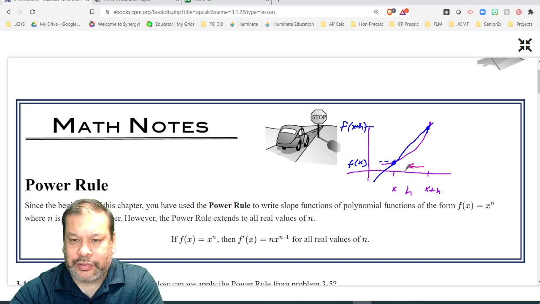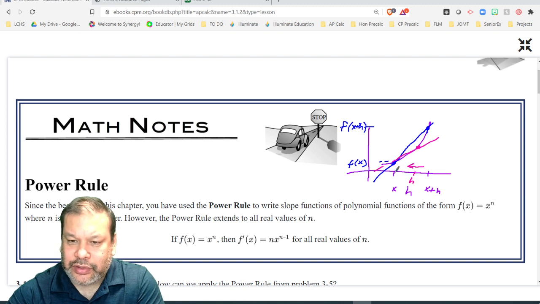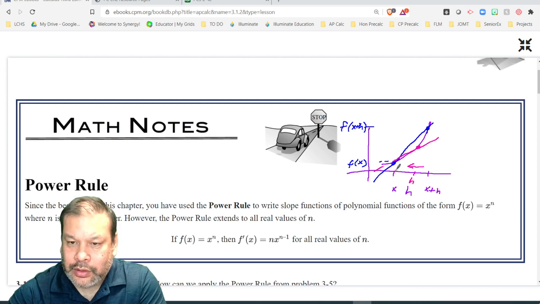The connection is that if you have your h here, this gets less steep for this function, but more importantly, as it gets closer to this value of x here, it becomes basically the slope at this point, or the tangent line.